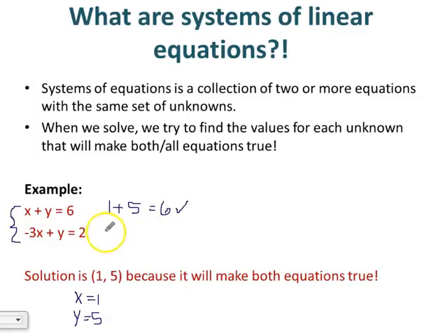That works. Then when I plug x is 1 and y is 5 into the bottom equation, what do I get? I get negative 3 plus 5, and that does in fact equal 2, so that's correct too. So a solution of a system of linear equations is a solution that, when we plug it into both or all equations, will make each equation statement true.